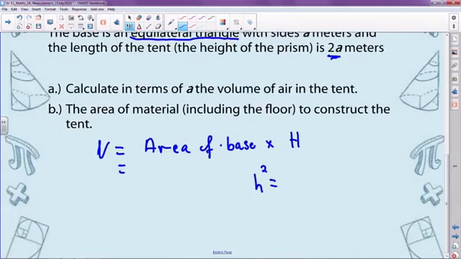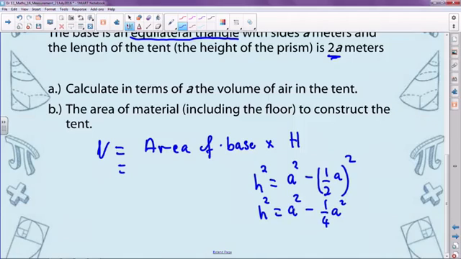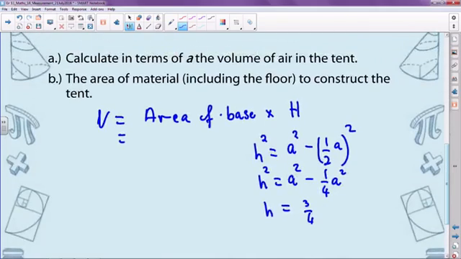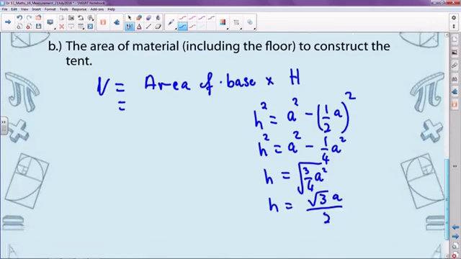So you've got A squared minus half A squared, and that's your H squared equals A squared minus 1 over 4 A squared, and then your H will be 3 over 4 A squared, but the square root of that. So your H is square root of 3A all over 2.